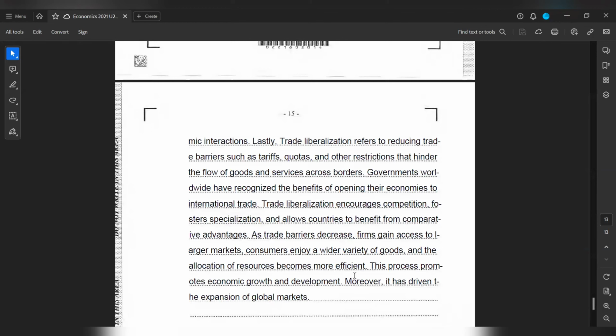As trade barriers decrease, firms gain access to larger markets, consumers enjoy a wider variety of goods, and the allocation of resources becomes more efficient. This process promotes economic growth and development. Moreover, it has driven the expansion of global markets.